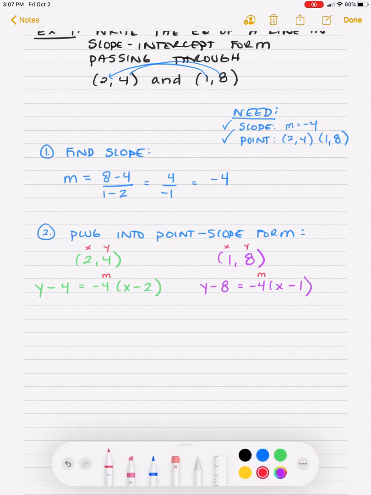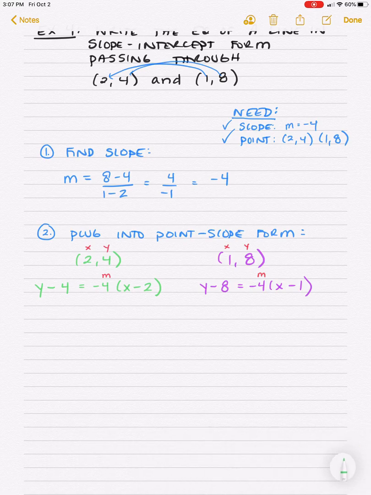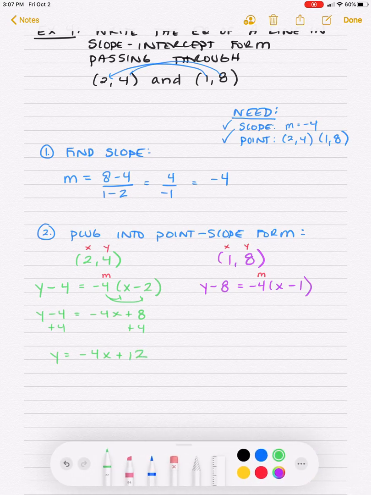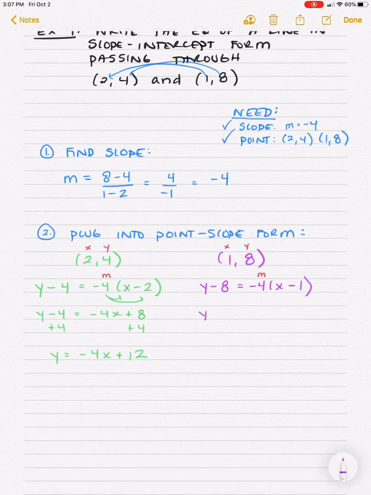So they look different, but what I want to show you right here is that when we distribute and solve for y, we are going to end up with the same thing. Distribute the negative 4. I'm going to add the 4 over, and the slope-intercept form is y equals negative 4x plus 12. Well, let's come over here to the purple, and we get y minus 8.